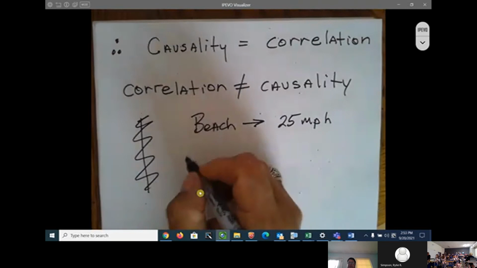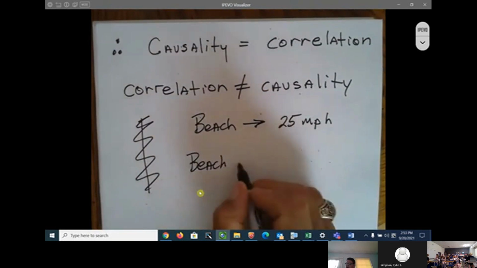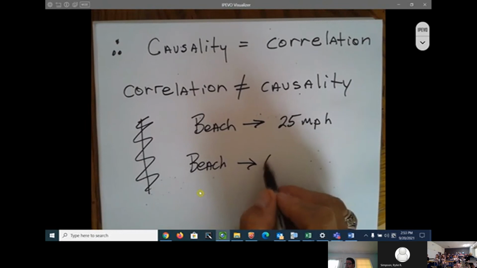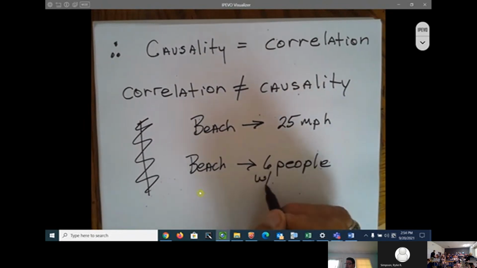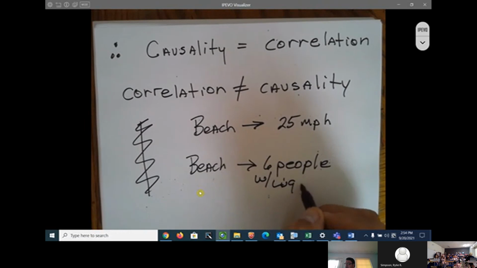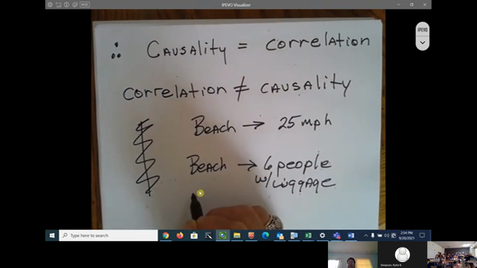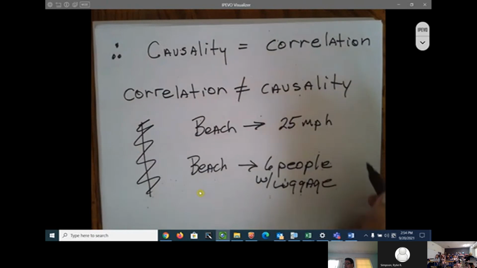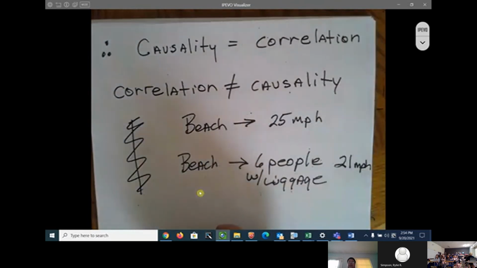And then if I go to the beach and I carry 6 people with me with luggage, is my gas mileage going to go up or down? It's going to go down. How's that work?